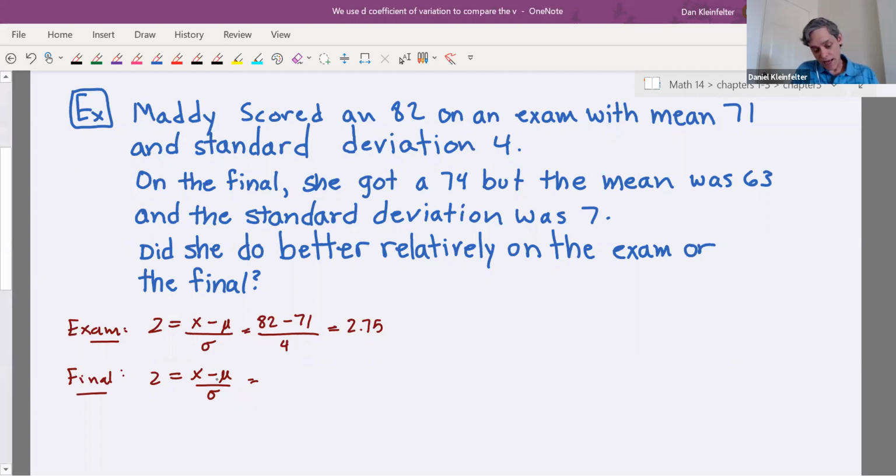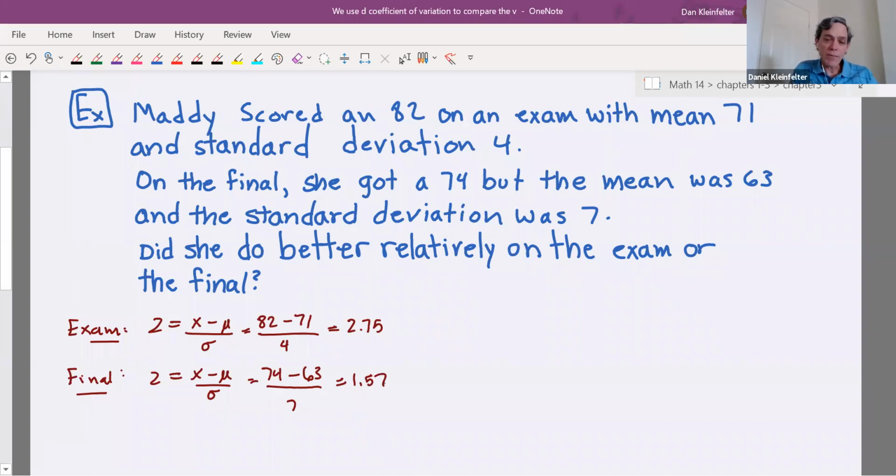I should start with the x value. So for the final, she got a 74. The mean, that's mu, that was 63. So having the formula written down there can help me get the right numbers in the right places. Okay, so now that works out to be 1.57.